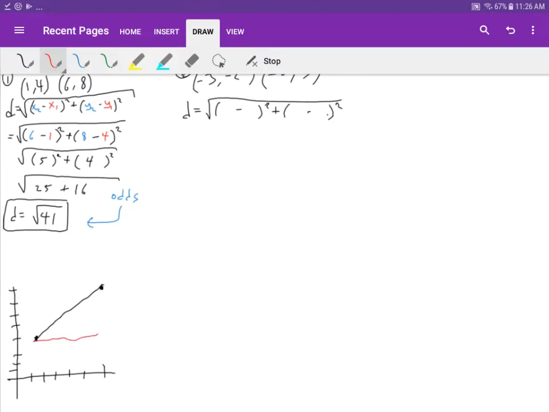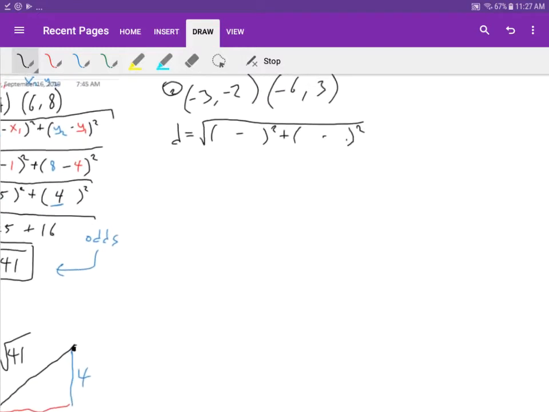So this distance is 1, 2, 3, 4, 5. This distance is 5. This distance here is 4. So that's where you get this 4, and that's where you get this 5 from the formula. It's basically the Pythagorean theorem. So if you do that, you get this answer is going to end up being square root of 41. So that's what's actually happening here. If that makes sense to you, that's great. If it doesn't, you can forget about it. We'll just use the formula. It's literally the same thing.